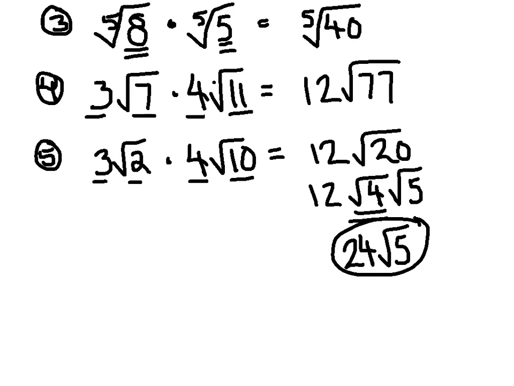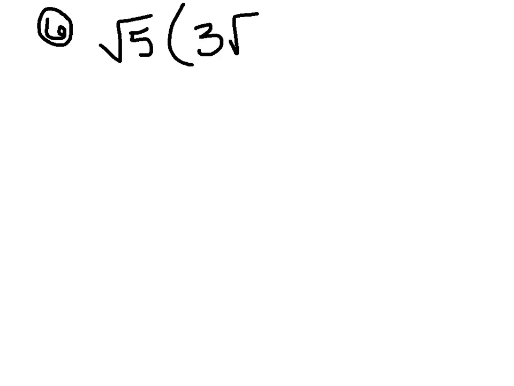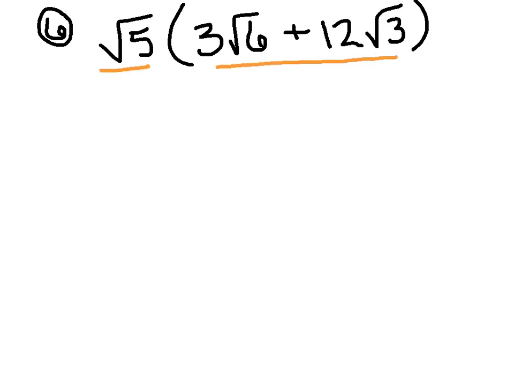24 radical 5. Okay, we're gradually building up to some slightly more complicated multiplication examples. Let's do radical 5 times the quantity 3 radical 6 plus 12 radical 3. You'll notice we've got a monomial on the outside here and a nice binomial on the inside here. So we're going to take advantage of our distributive property.